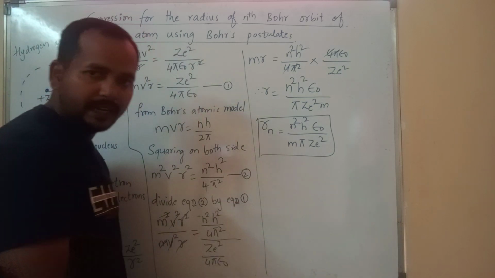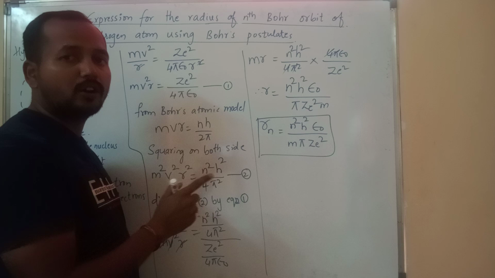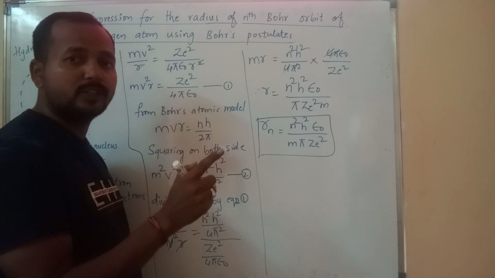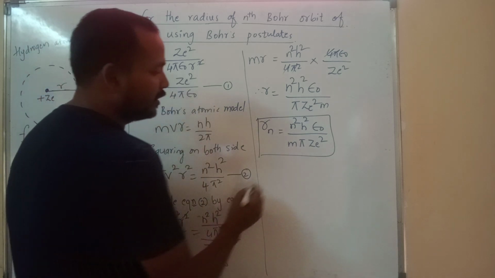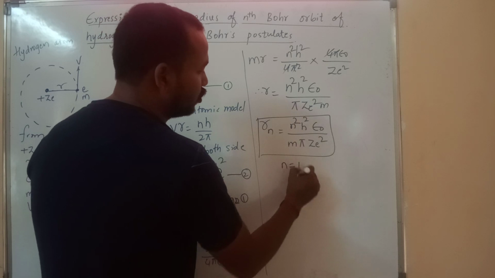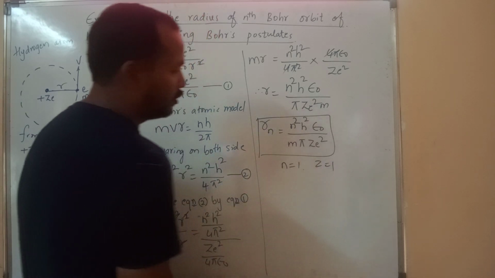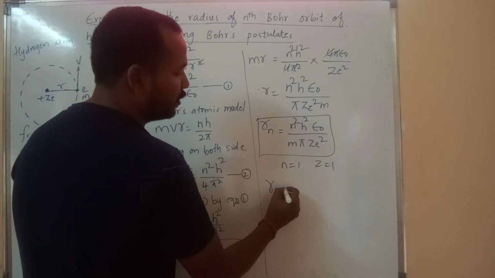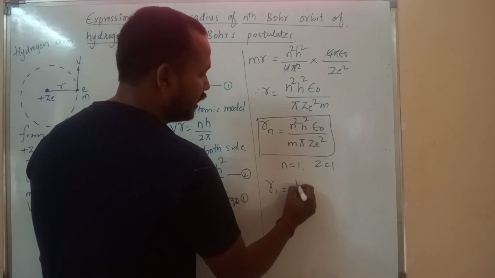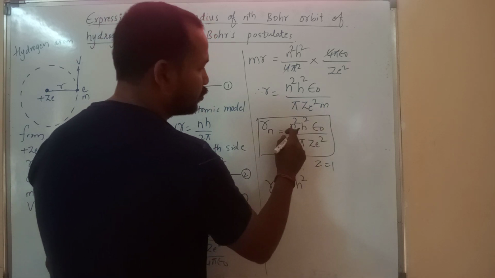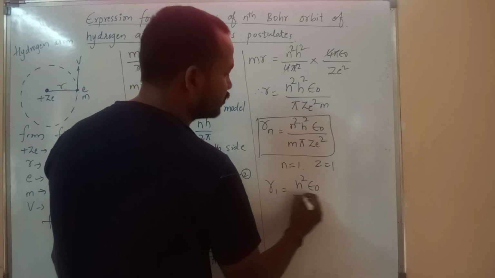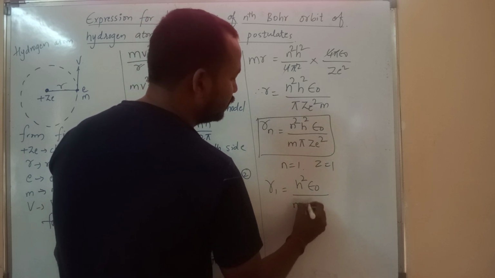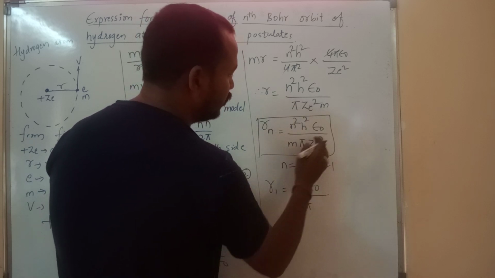If you want to calculate the radius of the first orbit of the hydrogen atom, substitute n equal to 1 and Z equal to 1. Then the radius of the first orbit is h square, because 1 square is 1, times epsilon naught, divided by the mass of the electron, pi, Z which is 1, and e square.